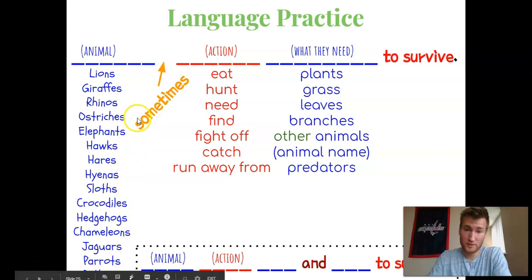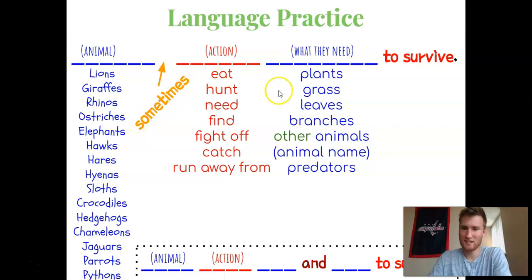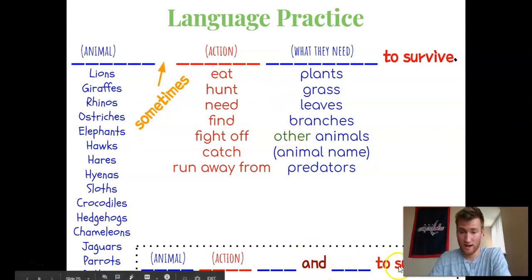Pythons sometimes eat sloths and monkeys to survive. Oh, we lost it. Pythons is down there. Pythons sometimes eat sloths and monkeys to survive. Your turn.